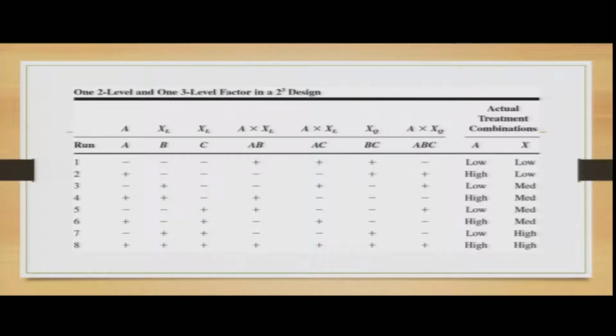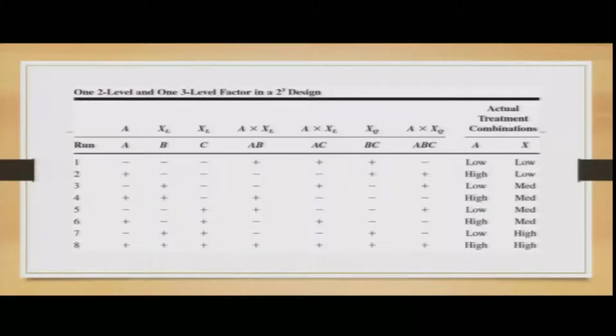If you consider the first row, the effects of A, B, C are minus, and we are considering AB, AC and BC at different levels of significance. Hence the actual treatment combinations, if I read the second last column, would be A low, then high, low, high, and the corresponding values of x, which is the variable we are trying to study, can be low, medium.